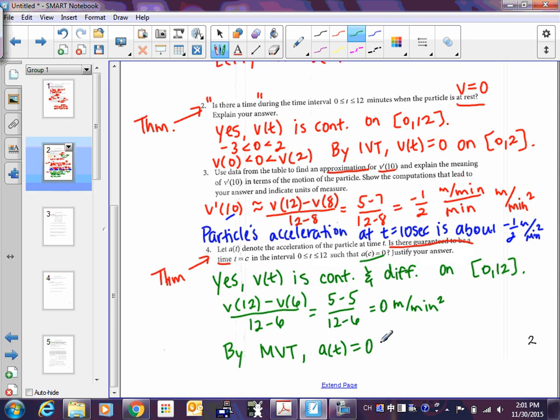A of t equals 0. And I do need to list out on what interval. Now, I could go ahead and write 0 to 12. Okay, but what interval did I really prove this happened? 6 to 12. That's a better answer. I will tell you, you would get away if you wrote 0 to 12, and I wouldn't take off for that. 6 to 12 though is a better answer.